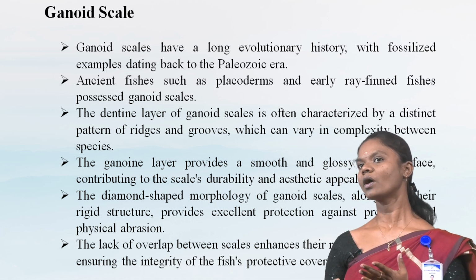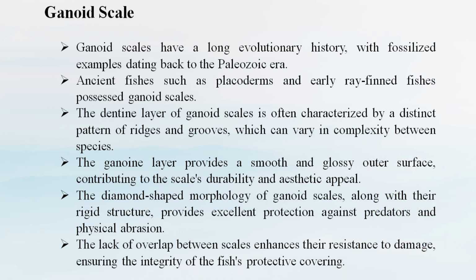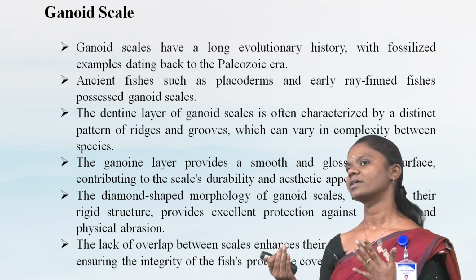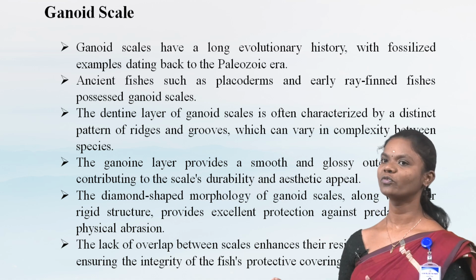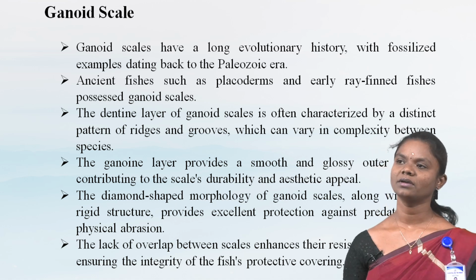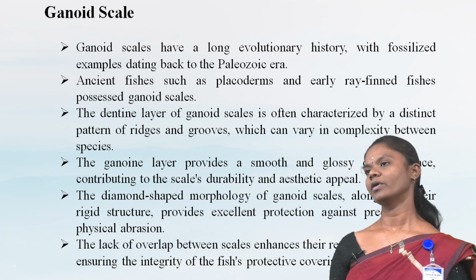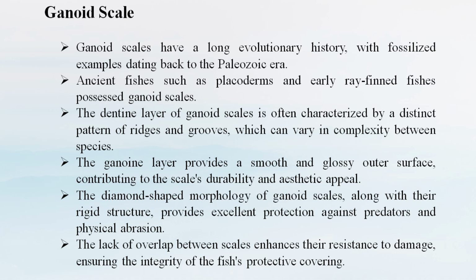The ganoine layer provides a smooth and glossy outer surface, contributing to the scale's durability and aesthetic appeal. The diamond-shaped morphology of ganoid scales along with a rich structure provide excellent protection against predators and physical abrasion. The lack of overlap between scales enhances their resistance to damage, ensuring the integrity of the fish's protective covering.